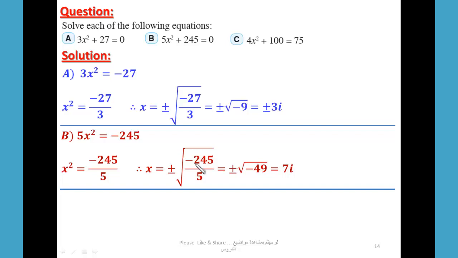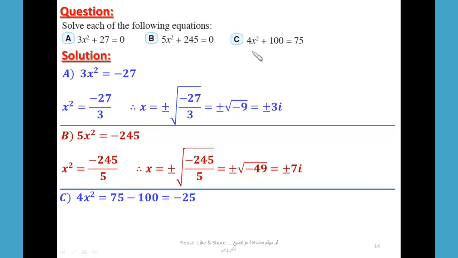Negative 245 over 5 equals negative 49. So we can say that x equals positive or negative 7i, as the square root of negative 1 is i, and the square root of 49 is 7.